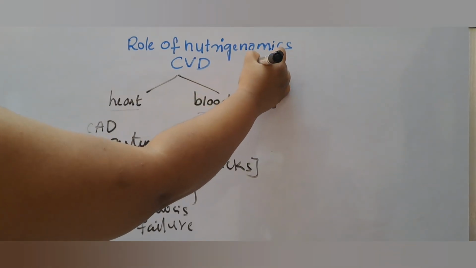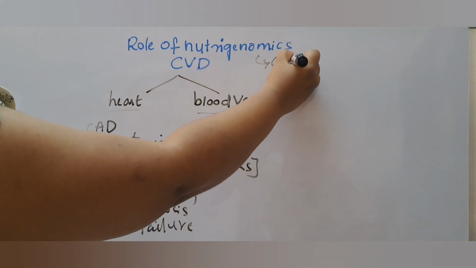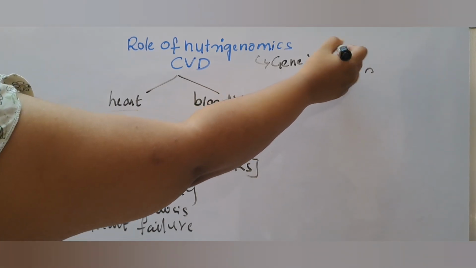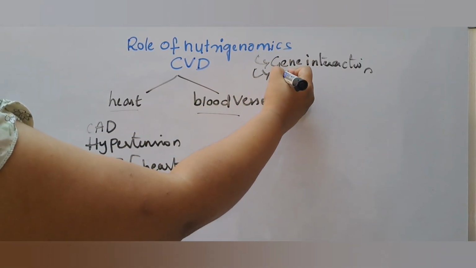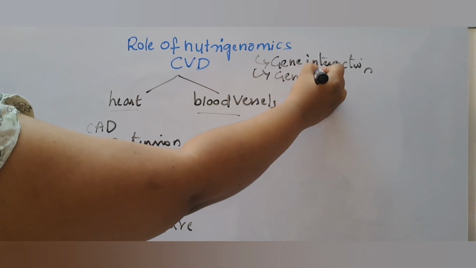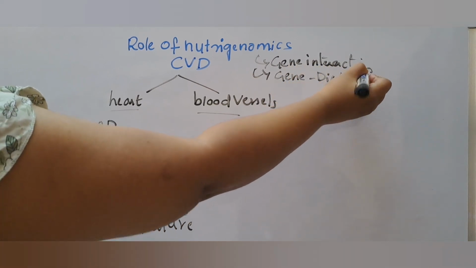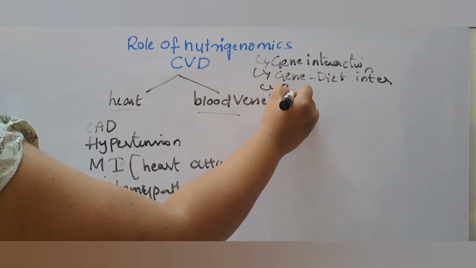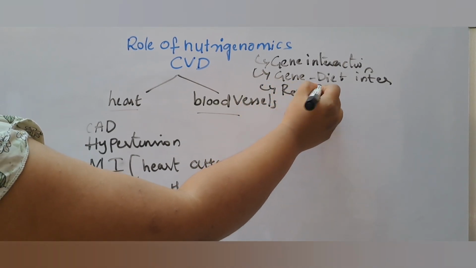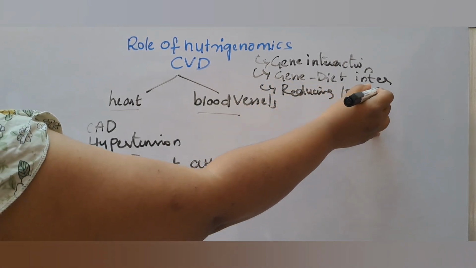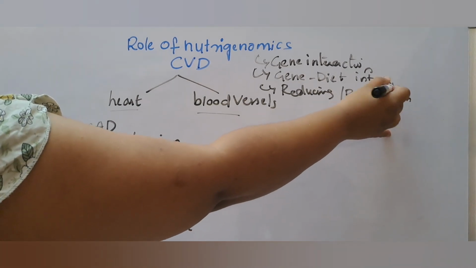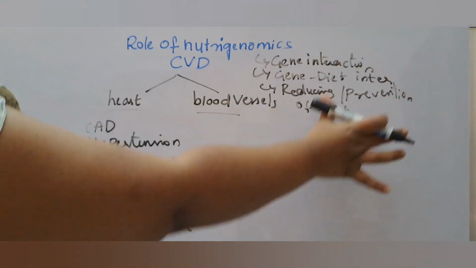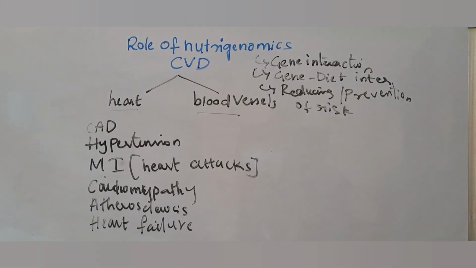So what we will cover first is gene interaction, next is gene variation or diet interaction, and next is reducing or preventing the risk. Prevention of risk.